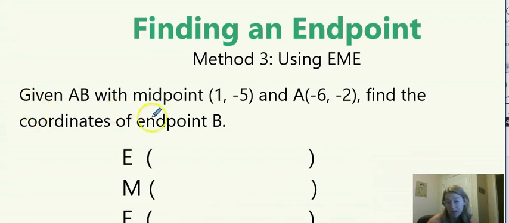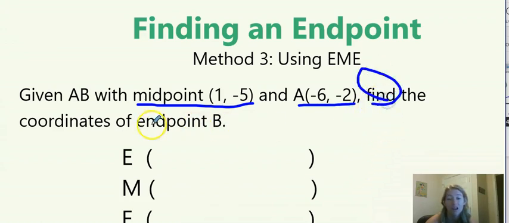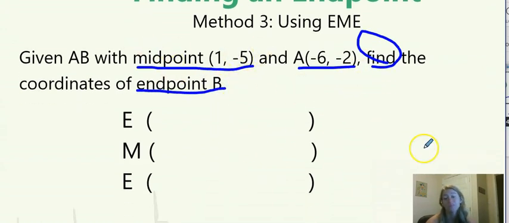Given the line segment AB with a midpoint of (1, -5) and a point A (-6, -2), find the coordinates of endpoint B. So we're given the midpoint, and we're given another endpoint, and we need to find the second endpoint.